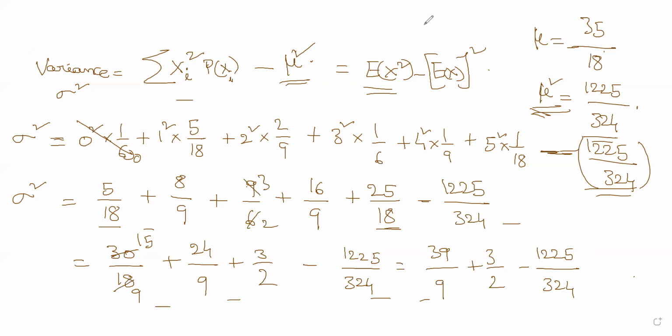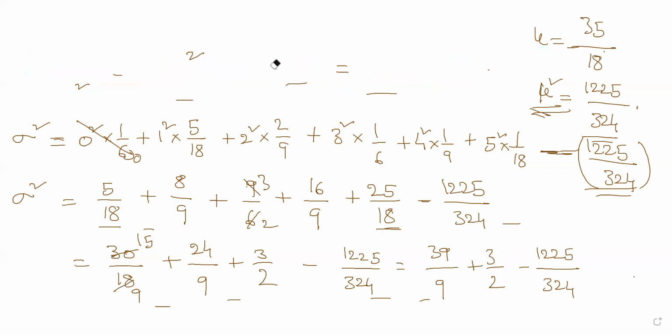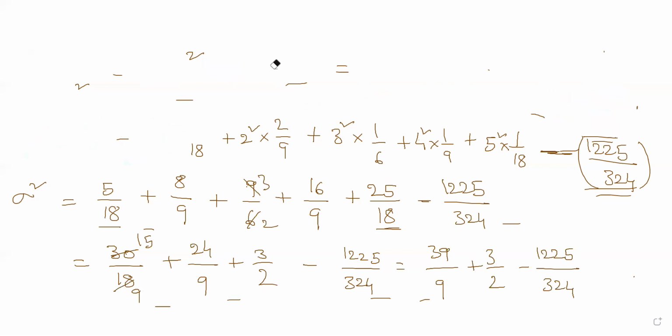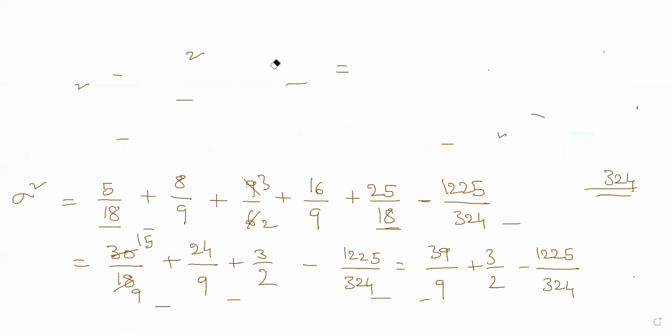No, we have to just take the LCM for the plus. Yes, please take 18 as the LCM. 18 and 39 into 2, which is 78. Then 78 plus 27.